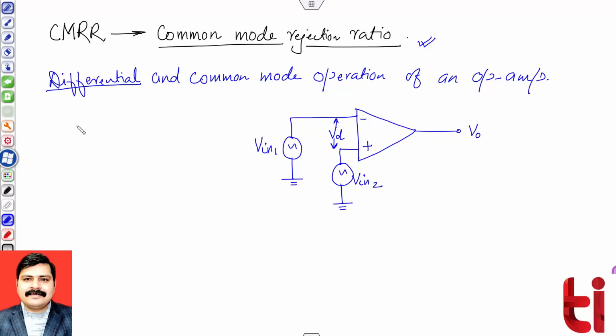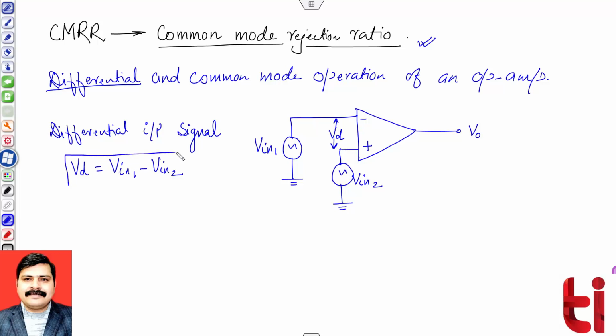So in this situation, the differential input signal, which is my VD, should be equal to V in 1 minus V in 2. VD will be equal to V in 1 minus V in 2.